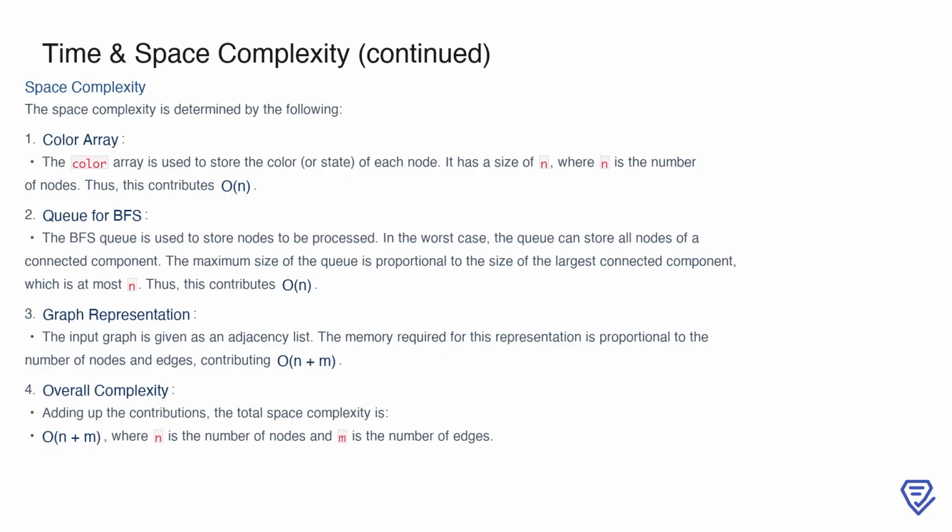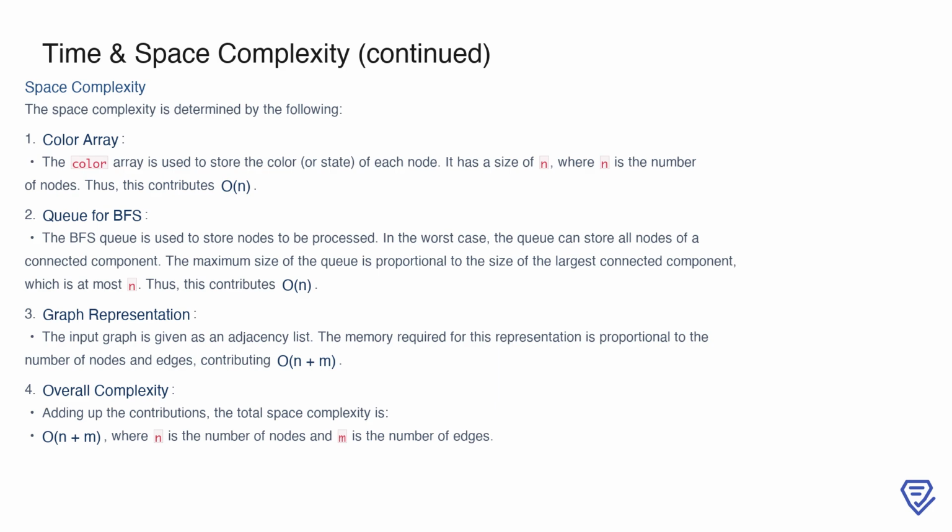The first component contributing to space usage is the color array, which is used to store the color or state of each node. Since the graph has n nodes, this adds a space requirement of O(n). Next, the BFS queue, which temporarily holds nodes to process, can grow up to the size of the largest connected component in the graph. In the worst case, this queue could hold all n nodes, contributing another O(n) to the space complexity.